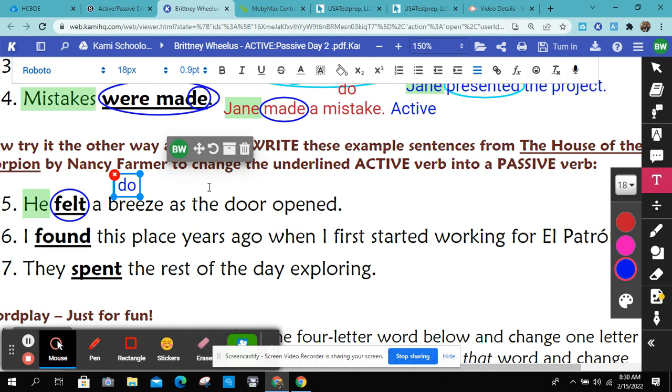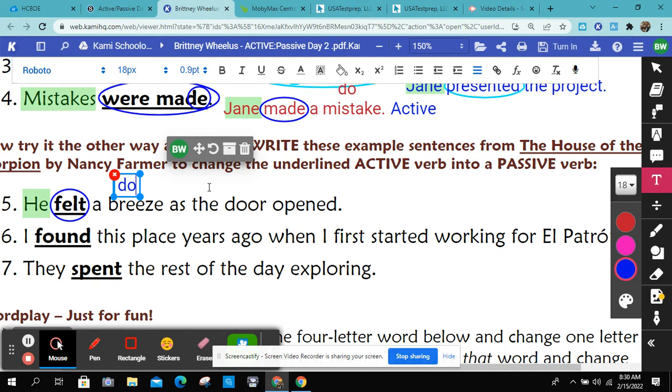So he felt a breeze as the door opened. I need to take the action off of he, okay? And put it actually on the breeze. So how could I rewrite this sentence? A breeze was felt.